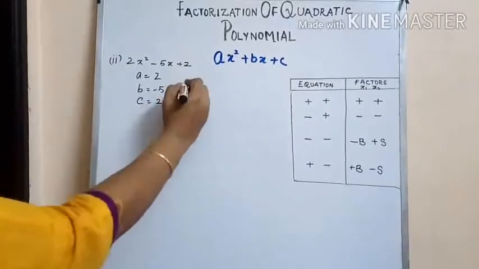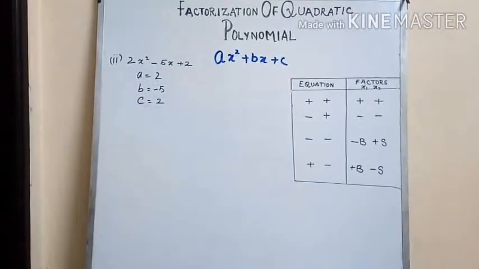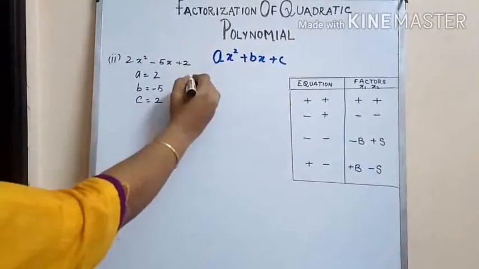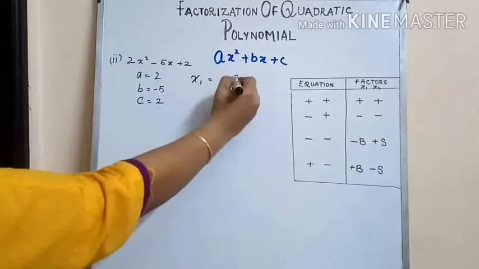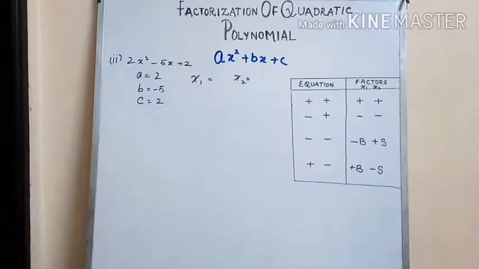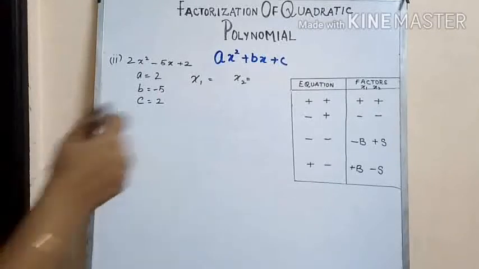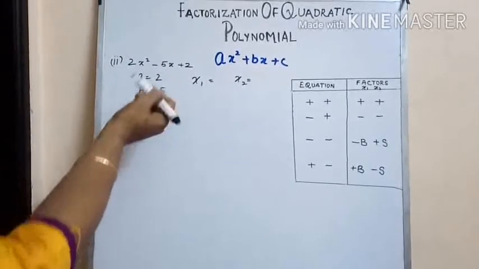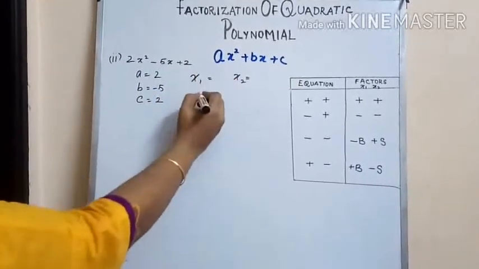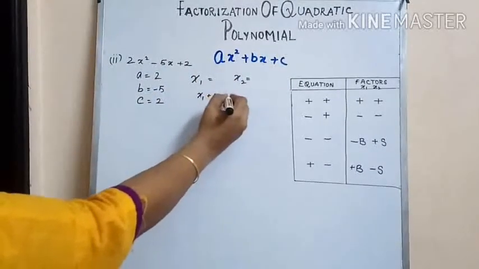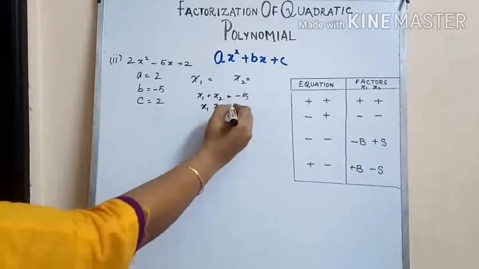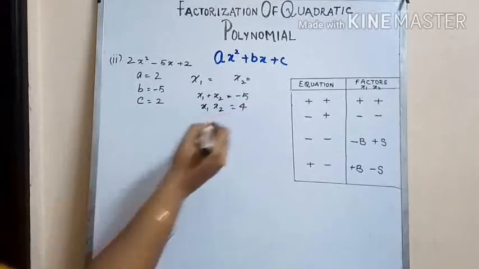Consider all the possible factors for x1 and x2. Which two numbers do you think would satisfy these conditions? x1 plus x2 should be -5 and x1 into x2 should be 4.